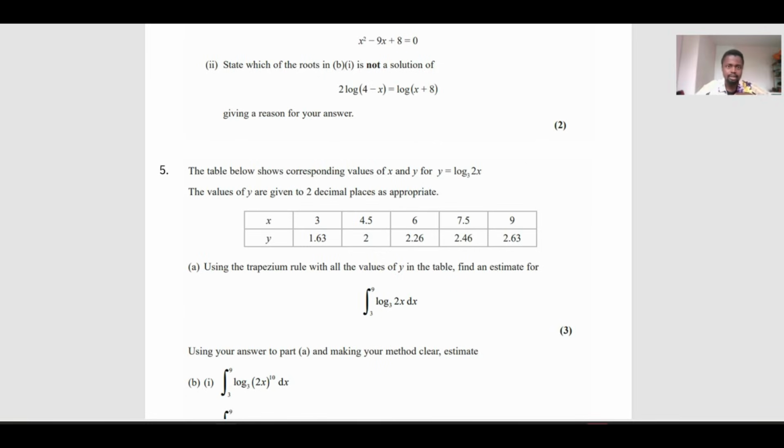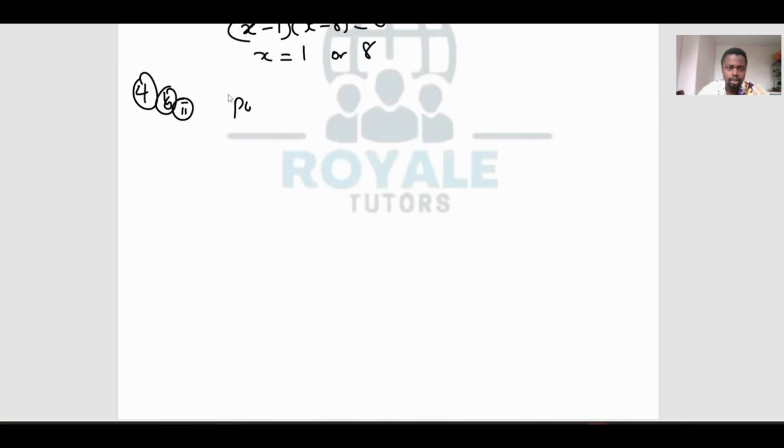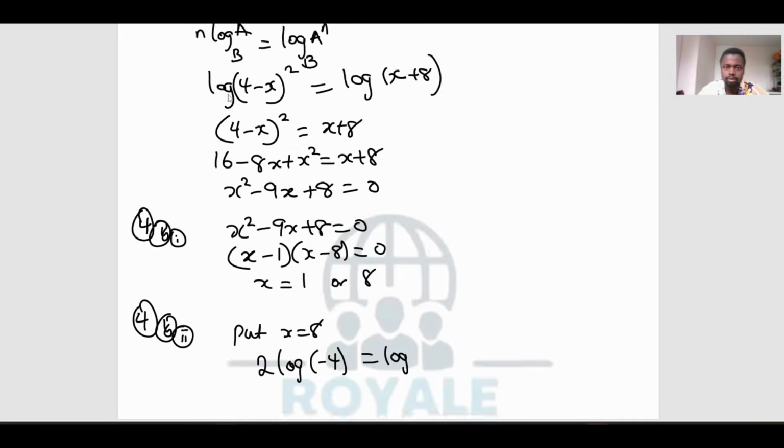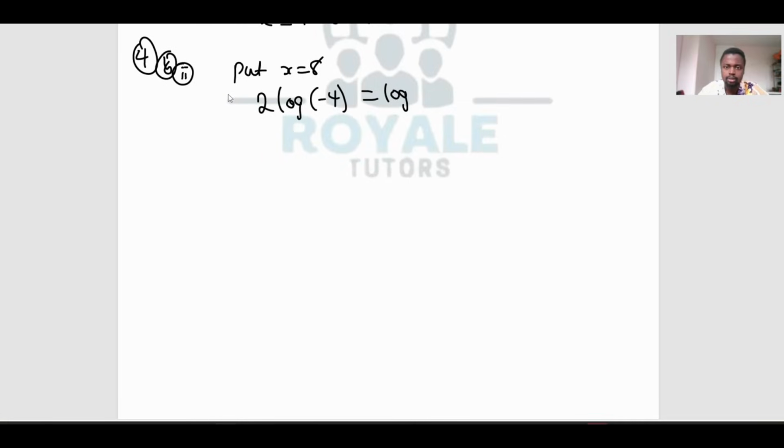So just put x equal to 8. You have 2 log of minus 4 equals to log of, what's that? x plus 8, that's log 16. This is impossible. It implies that x equal to 8 cannot be a root.